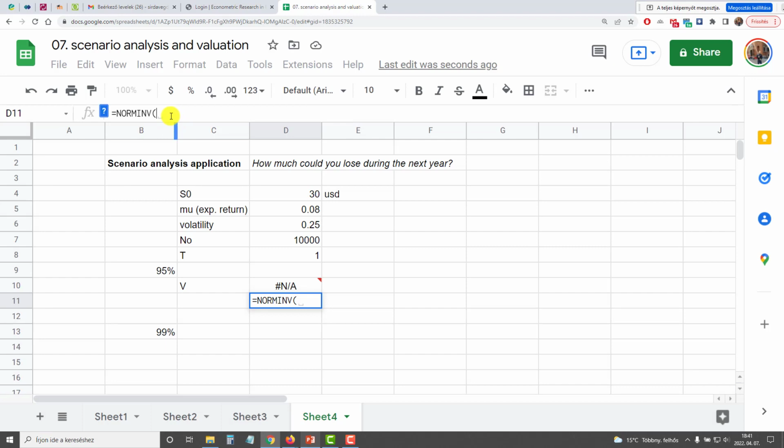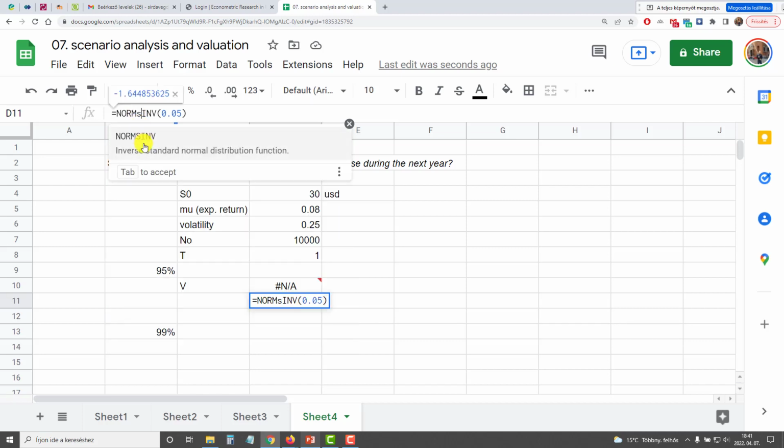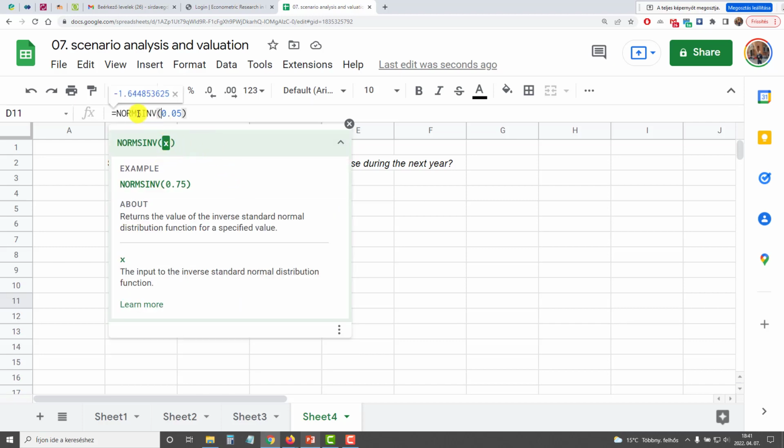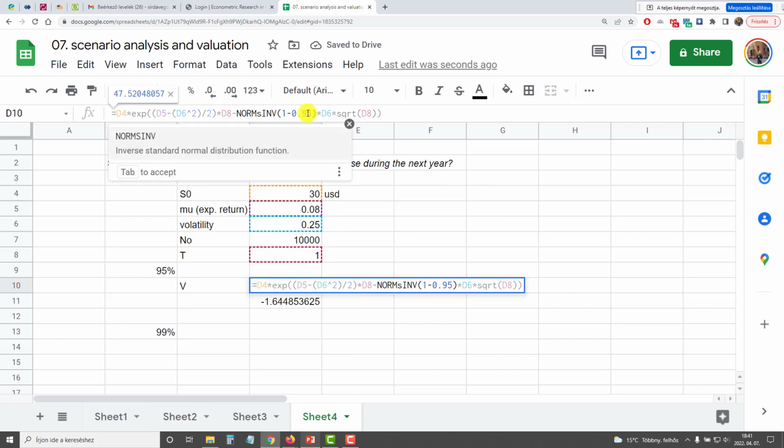Norminv. So we need mean, standard deviation. If we are using standardized normal distribution, then we don't need further calibration. So again, this calibration problem was present.